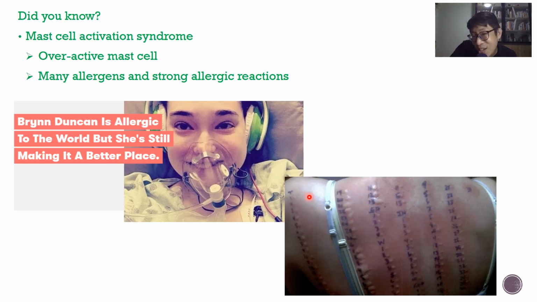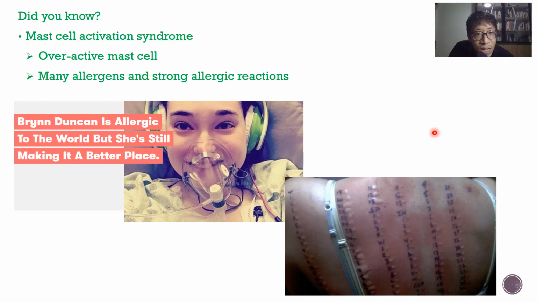The doctors introduce different molecules to test whether she is allergic to it. If she's allergic, just as we mentioned about the functions of basophils and mast cells, it causes inflammation, redness and swelling. So you see a lot of swelling here, showing that she is allergic to many different things, because each number refers to a different molecule, and each causes swelling, some bigger, some smaller. She's allergic to many different things because of this mast cell activation syndrome.